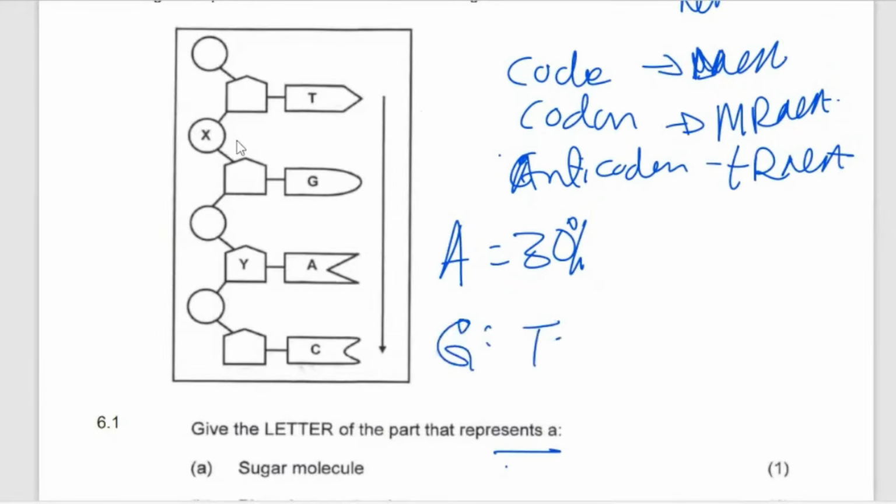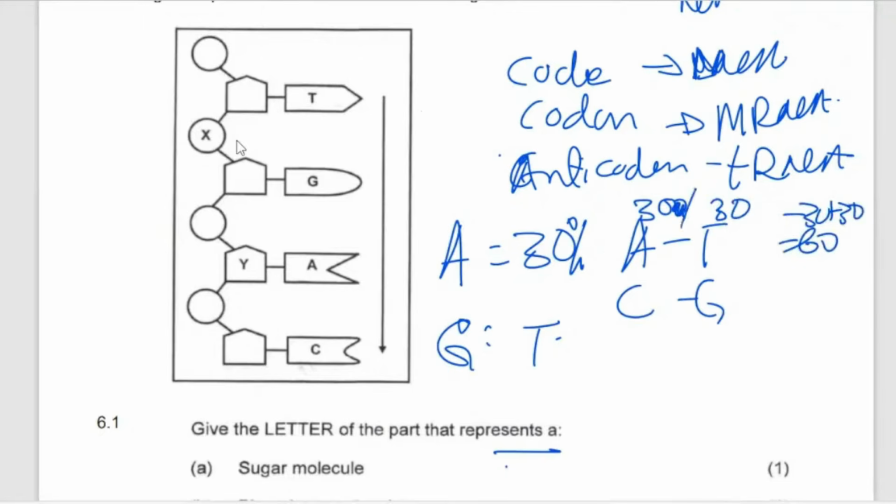Let me just say it like that. Guys, you have to know how to do the base calculation. A goes with T, C goes with G. If this is 30%, automatically this is also 30%. So 30 plus 30 gives me 60.